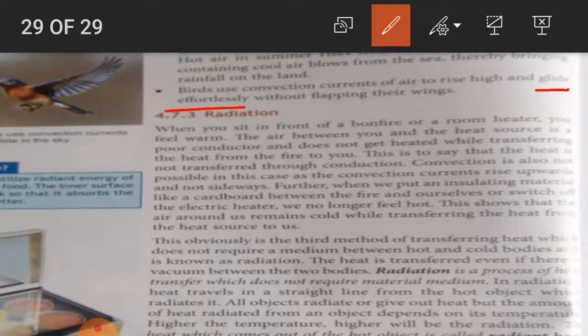Effortlessly means in a manner requiring no physical or mental pressure, or you can say exertion. And you have to underline flapping. Flapping means up and down movement.